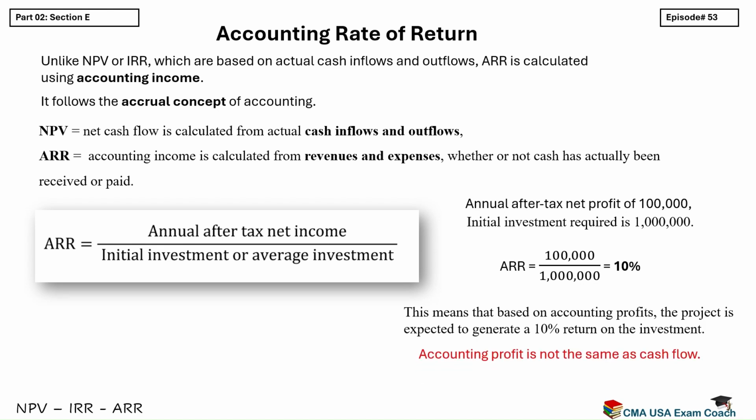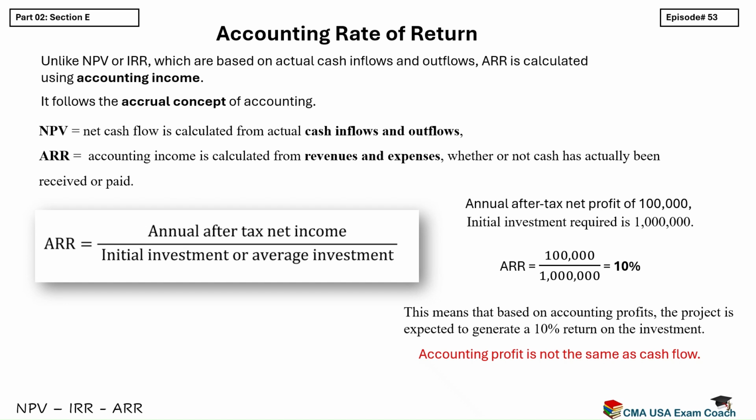ARR is easy to calculate and useful for quick comparisons between projects. But keep in mind, unlike NPV or IRR, it does not consider the time value of money. That's why ARR is considered a simpler, less precise tool for evaluating long-term investments.